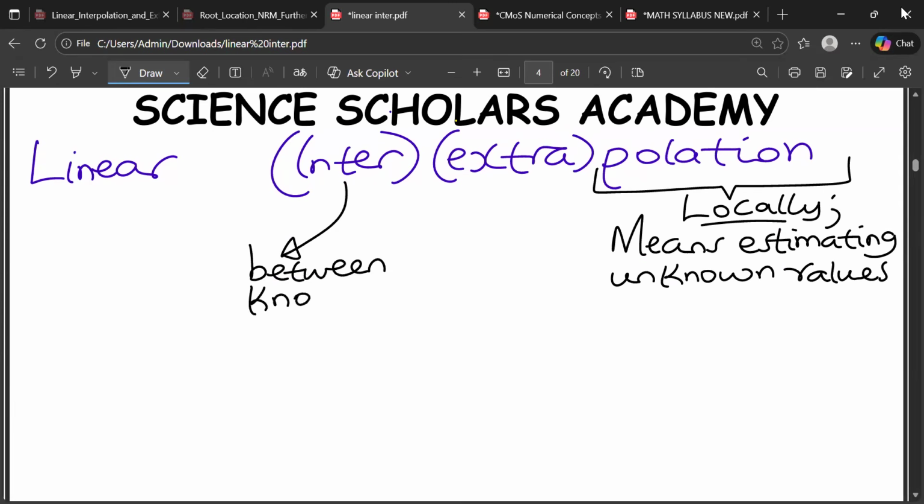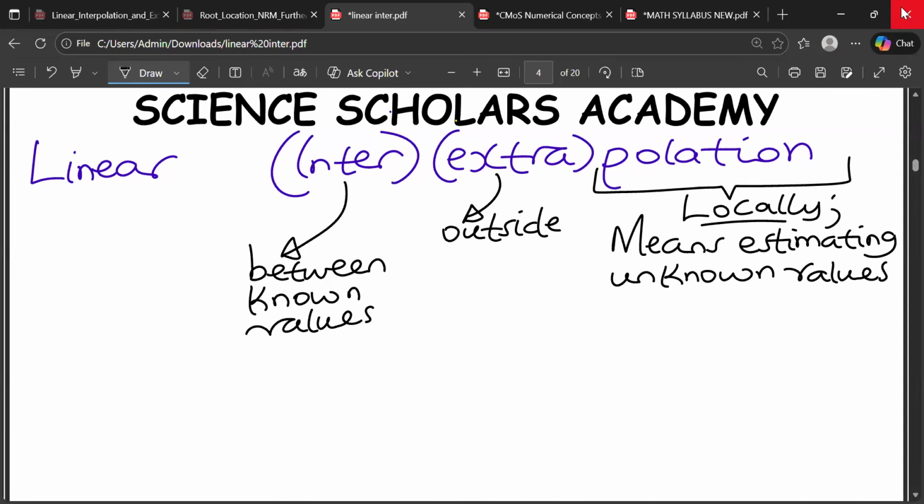Then inter means between known values, understanding. Then extra means outside. Some of you are biologists. You know that the intercellular space is the space between cells, and the extracellular matrix or extracellular fluid is the fluid that is outside cells.